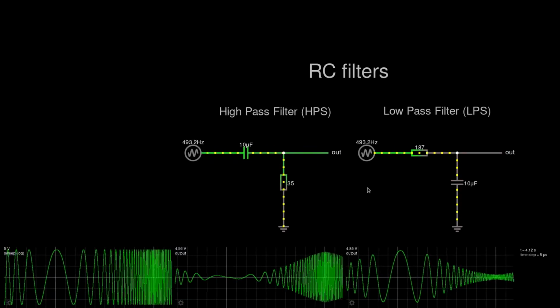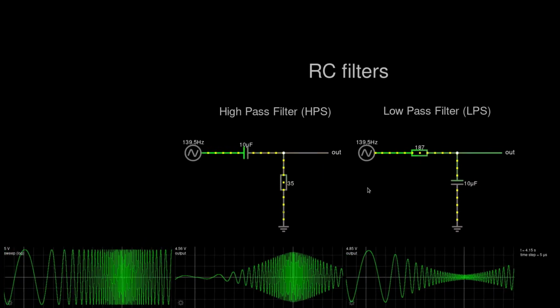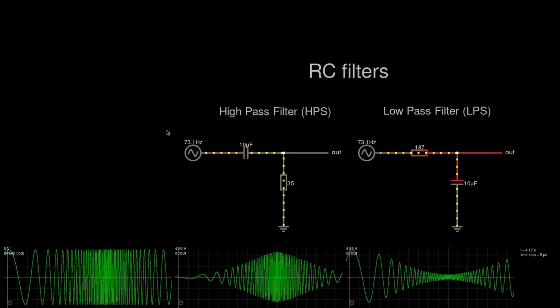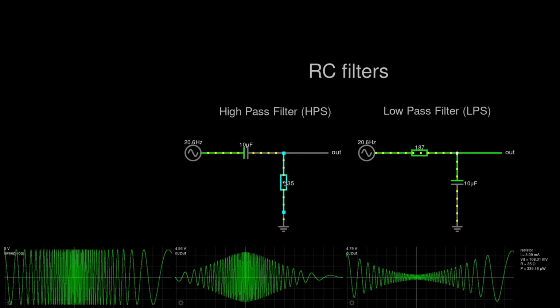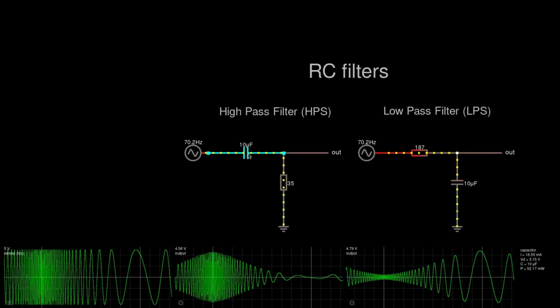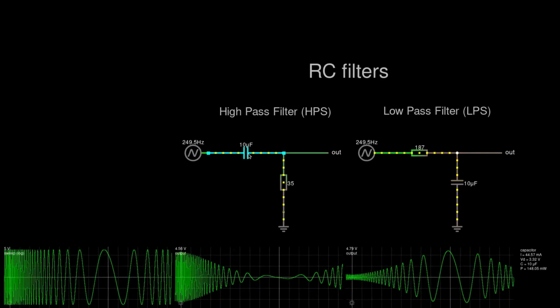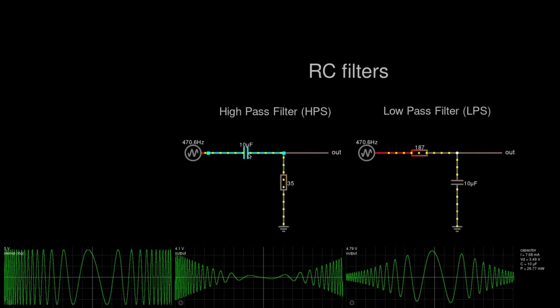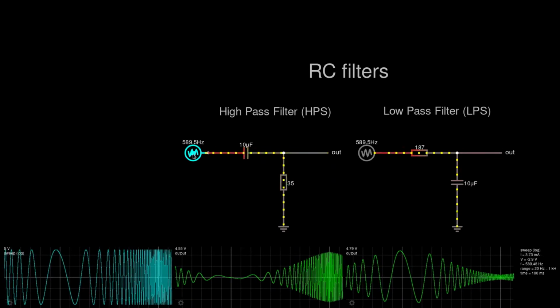So as I mentioned before, we could look at them like voltage dividers. We have one resistance here and the other one over here, and this resistance, the capacitor, can vary its resistance depending on the frequency that we are inputting over here.